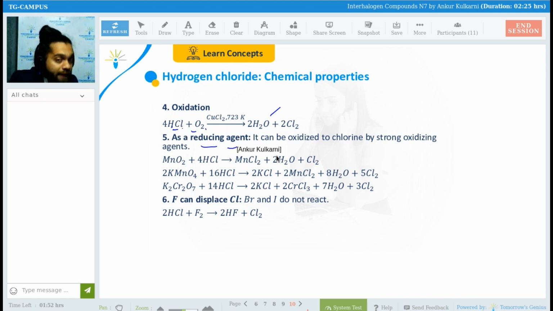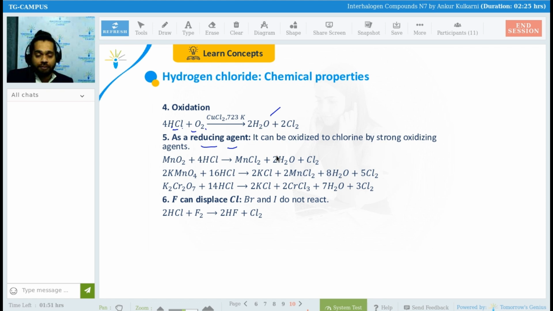Now, reducing agent, come on, in the chat box, quickly. What is a reducing agent, Sashidharan? Sarjana, Prashanti, what is a reducing agent? And Anmoldeep, I am saying reducing agent.